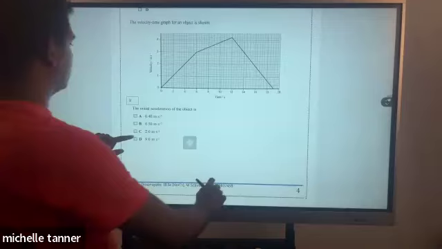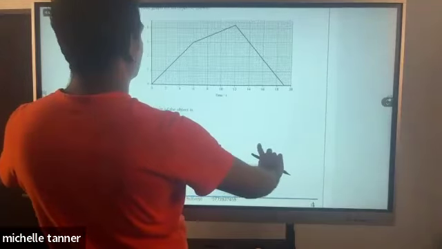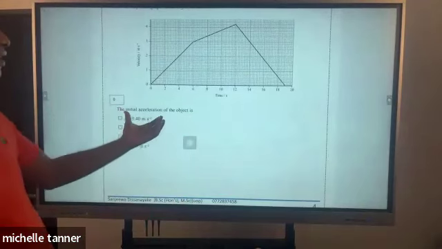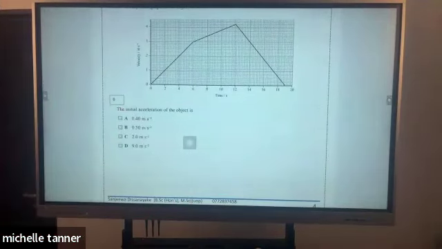Right, next question. The initial acceleration. Now the graph is velocity against time. How to calculate the initial acceleration? Now think, take 2 minutes.